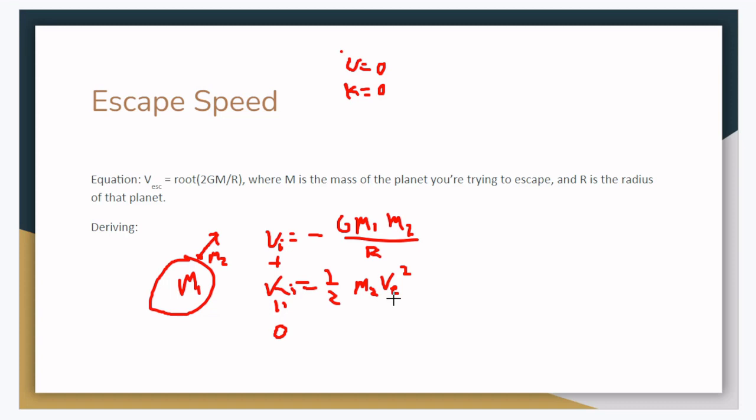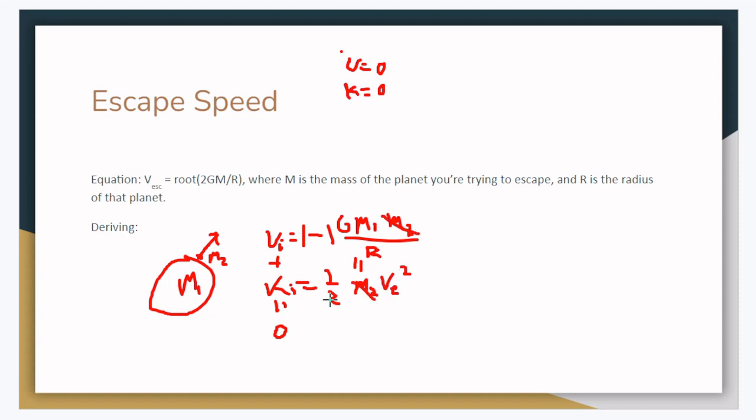And then the negatives would cancel, so these two are equal if we get rid of this negative sign right here. And so what you have here is that GM1 M2 over R is equal to 1 half M2 VE squared. And then we can just cancel out the M2's.